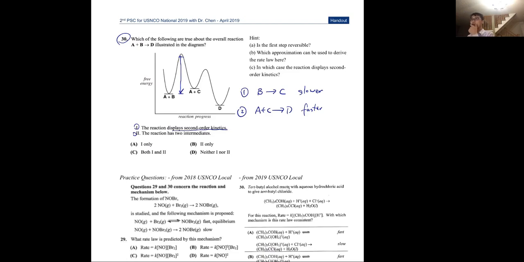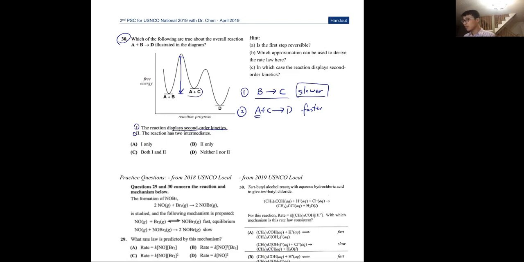Why can we not say this? Because if the first step is the rate determining step, A is not involved in the rate determining step, right? Some of you asked if A is a third party in the first step. I don't think so, because otherwise A would be the catalyst, right? So I think A is not involved in the first reaction.